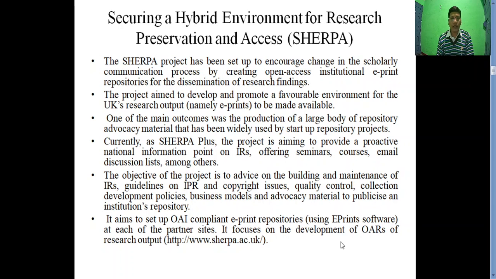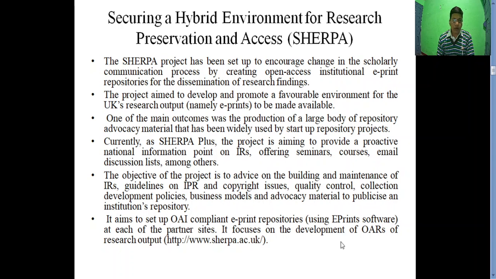The SHERPA project has been set up to encourage change in the scholarly communication process by creating open access institutional e-print repositories for the dissemination of research findings. The project aimed to develop and promote a favorable environment for the UK's research output, namely e-prints, to be made available.